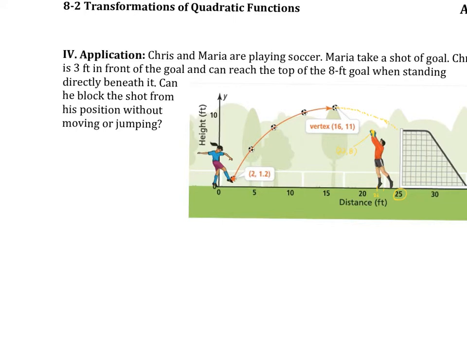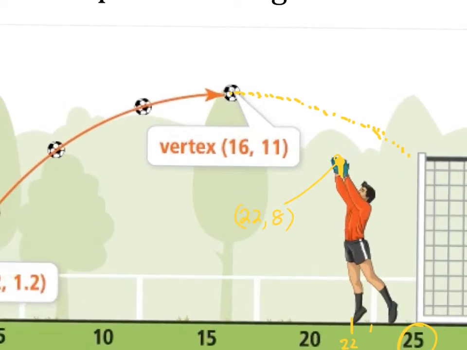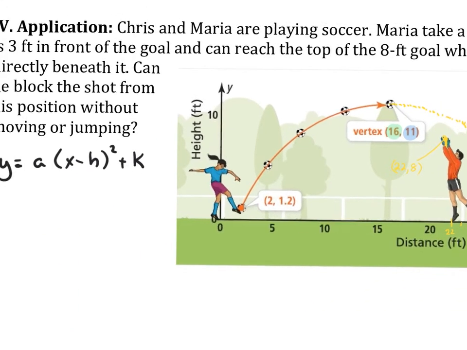Well, we know that our super secret formula looks something like this, where we have a times x minus h, and this is called vertex form, of course. And we know what the vertex is. We have 16 here and 11 here, so we can plug those in.